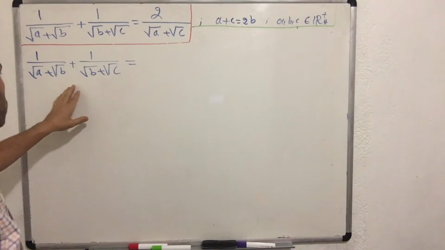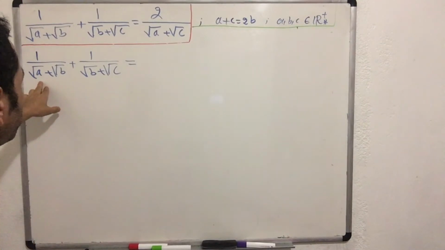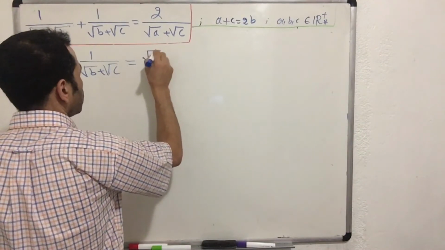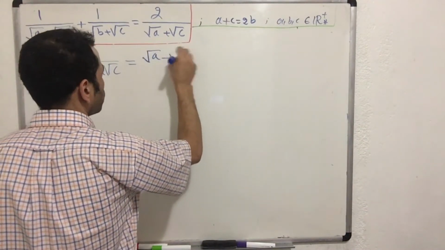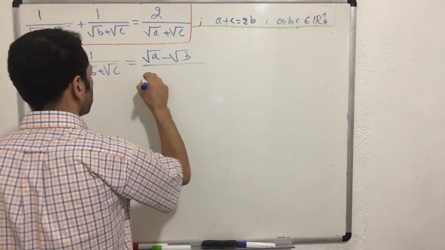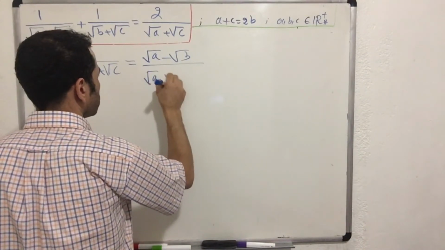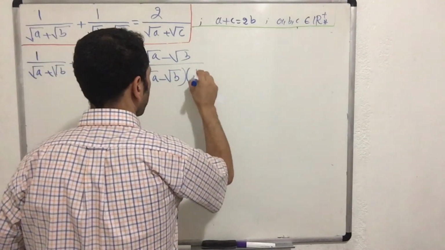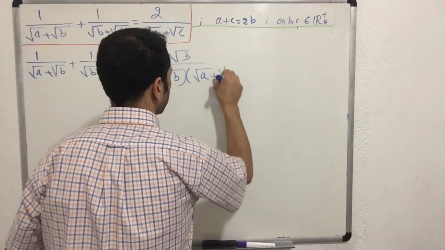Let's multiply the first term by the conjugate, which is square root of a minus square root of b over square root of a minus square root of b, multiplied by square root of a plus square root of b.